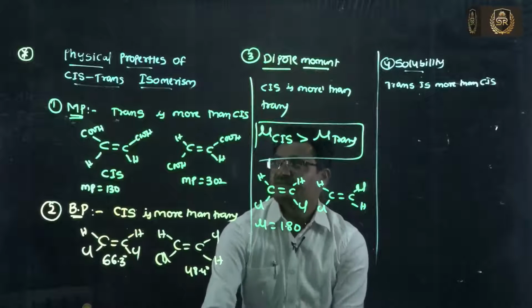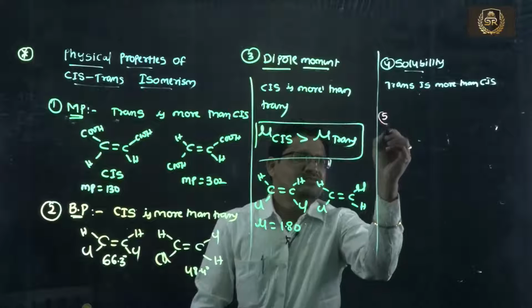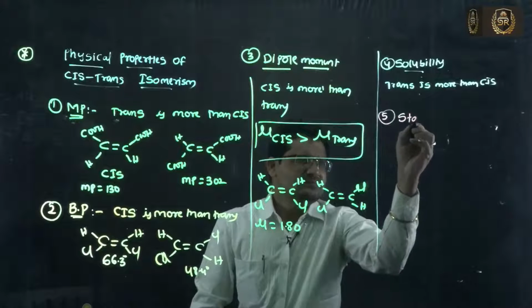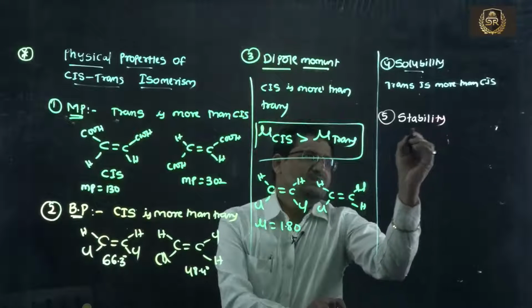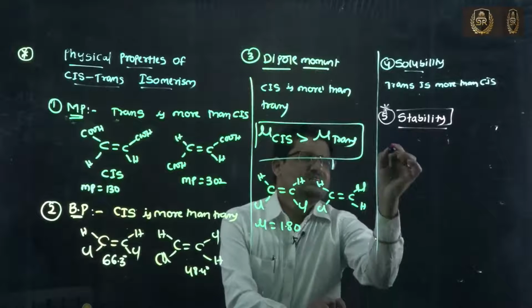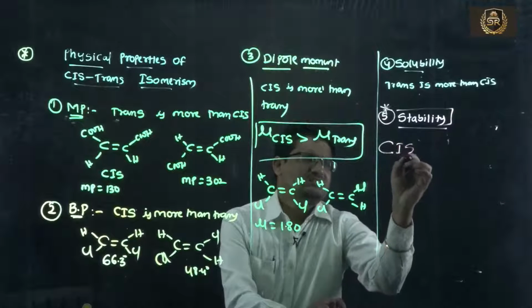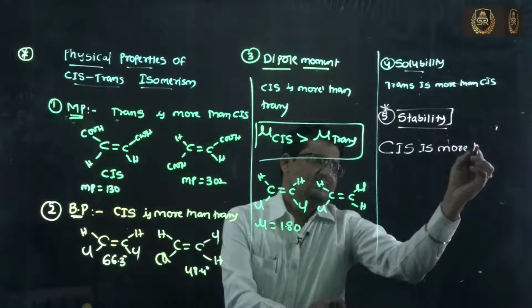Next one, stability. Fifth one is stability. Stability is completely different. That is, cis is more than trans.